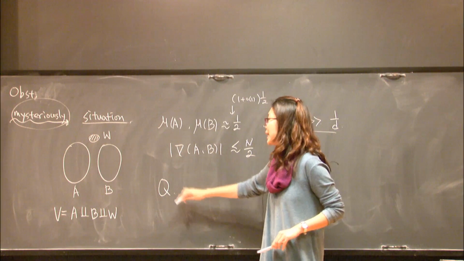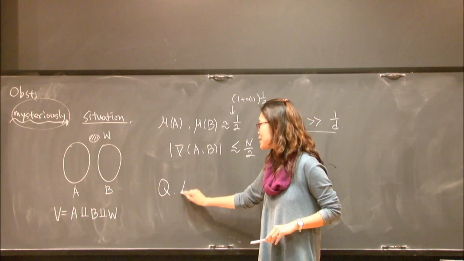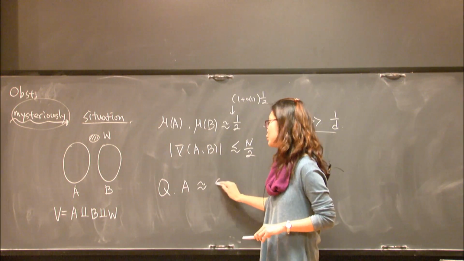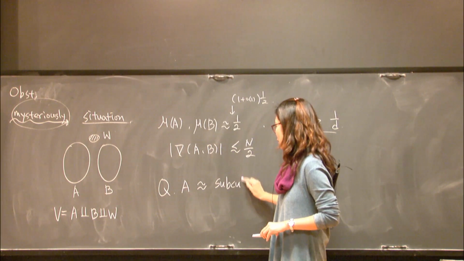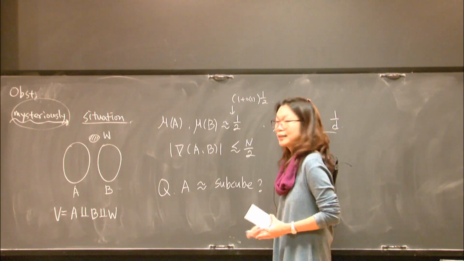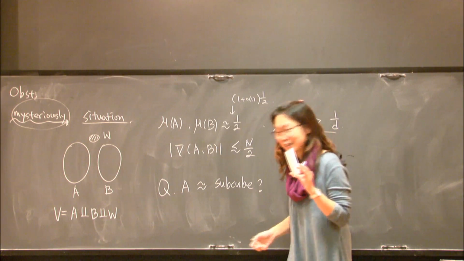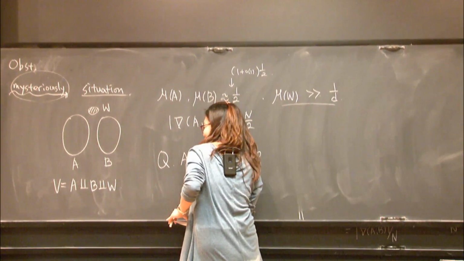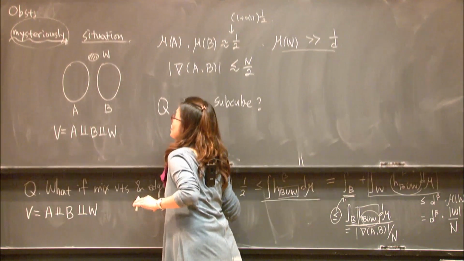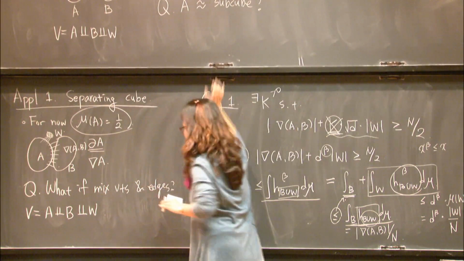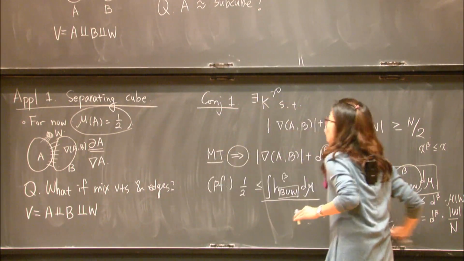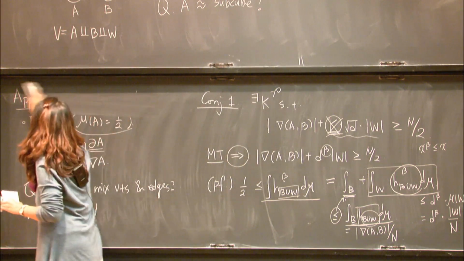Our question was, in this situation, can we say that A is close to a subcube? Let me say a little bit more to have some more feeling about this situation. Why do we ask this question?